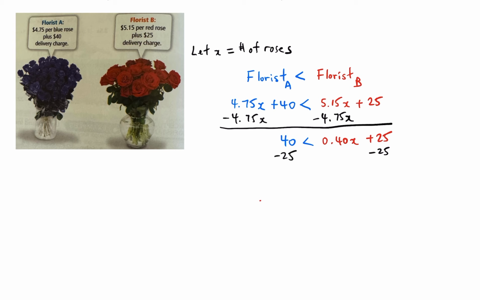Okay. And when we do, we're going to get 15 on this side of the equation, or in this case, inequality, and that's going to be less than 0.40X. Okay? Now, to isolate X, we need to divide both sides by 0.4.